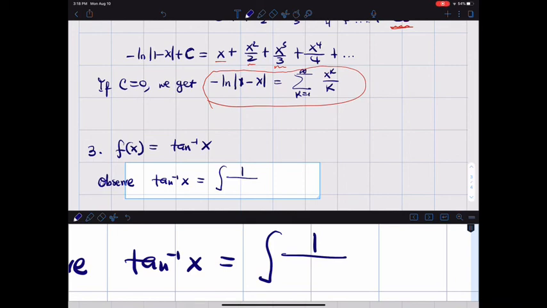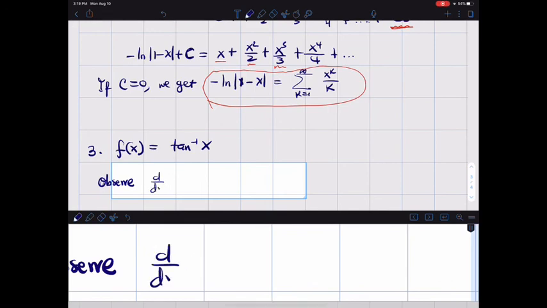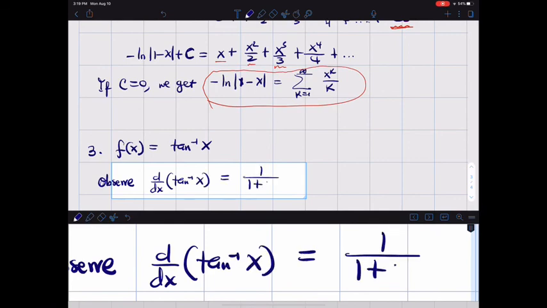Let's see. What is the derivative of the inverse tangent of x? All right, so let's begin by finding the derivative. So observe the derivative d dx of the inverse tangent of x is 1 over 1 plus x squared.